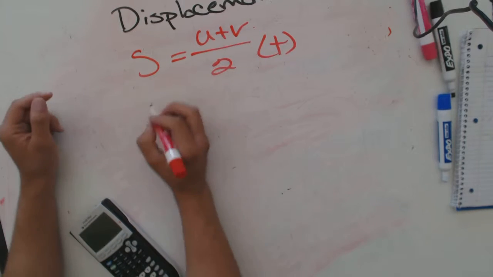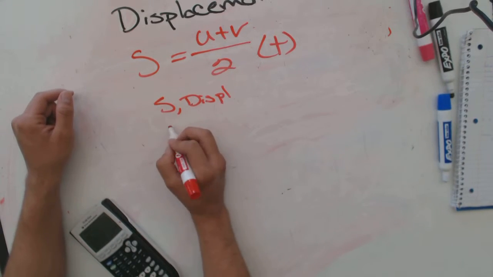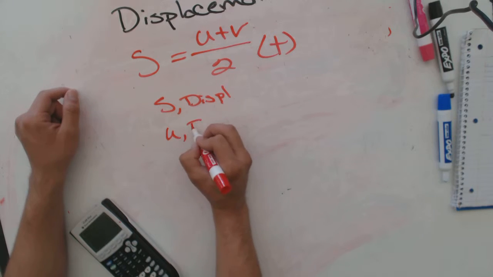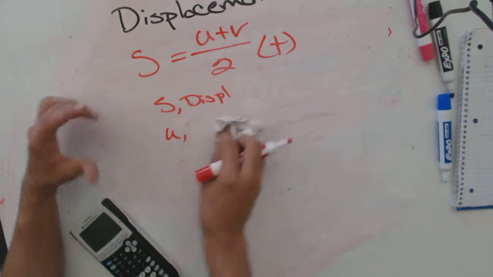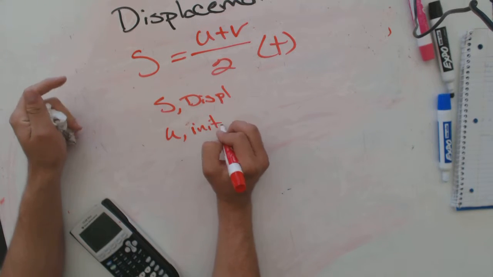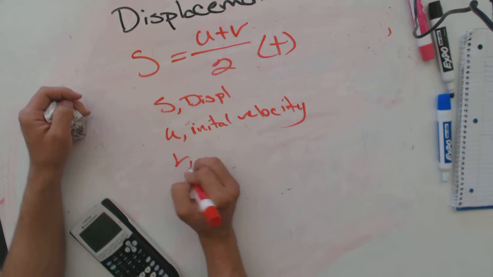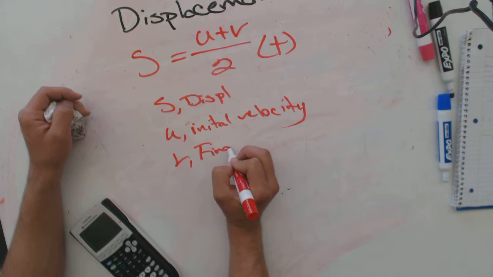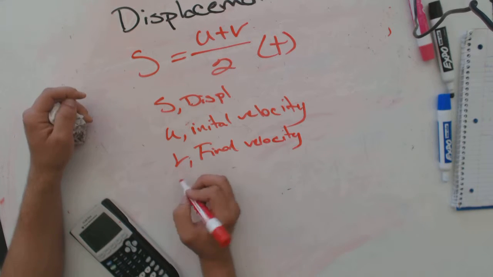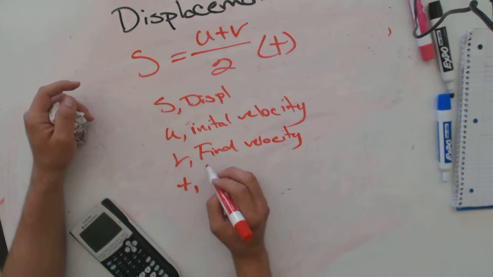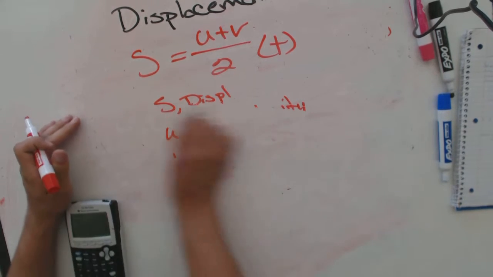S is displacement, U is initial velocity, V is final velocity, and T is almost always time. Those are our variables.